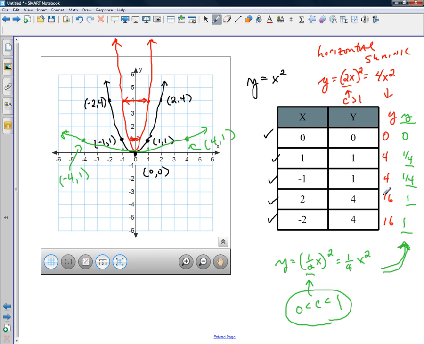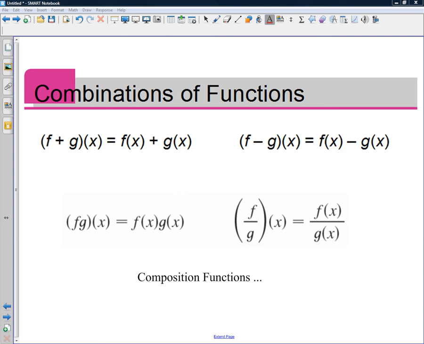Now let's look at what is coming up here to finish off this chapter, and that's what we call combinations of functions. We're finishing off this section by talking about combinations of functions, and they can be taking two functions and adding them together, as you have here, or perhaps subtracting them from each other.